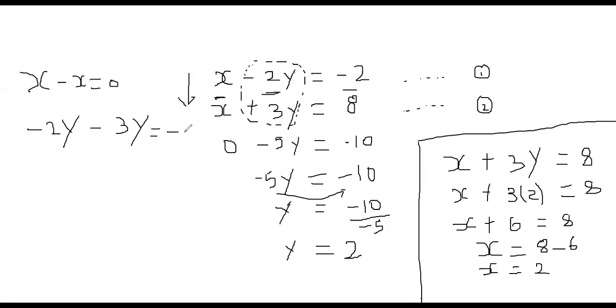So therefore, this will need to be negative 5y. This is the reason why we get minus 5y here.